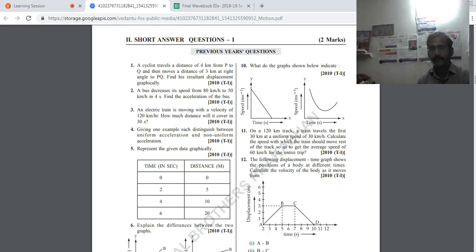That one is 3. Right angle to PQ. So we don't know the value of PS, that we have to find.